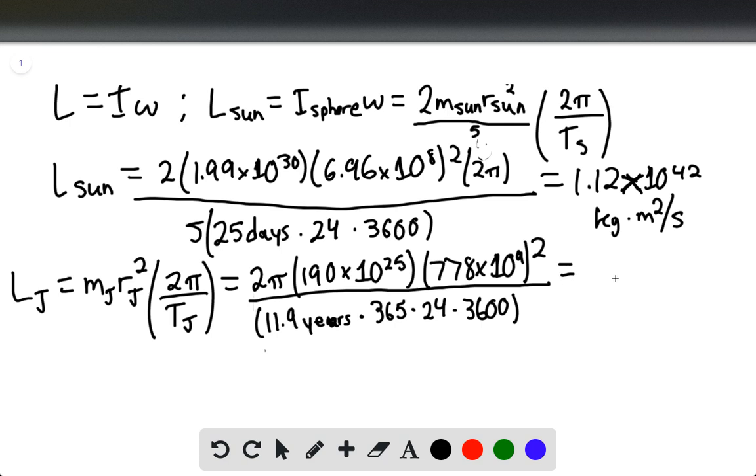And this is going to give us 1.92 times 10 to the 43rd kilogram meters squared per second.